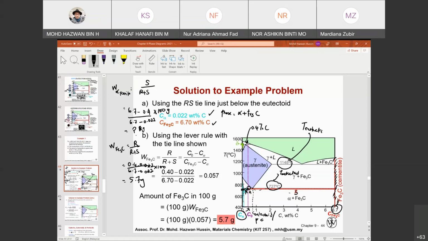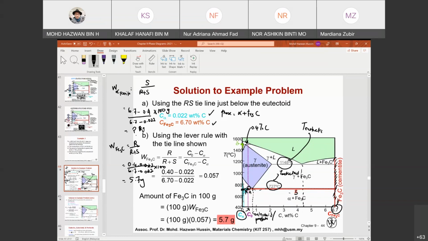Okay, so perlite is located here. Composition eutectic dekat sini, but composition eutectoid over here, and this can also be referred to as perlite.